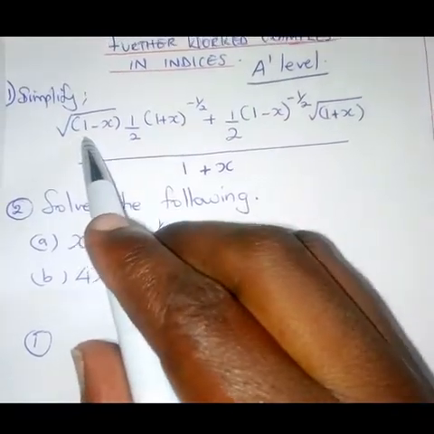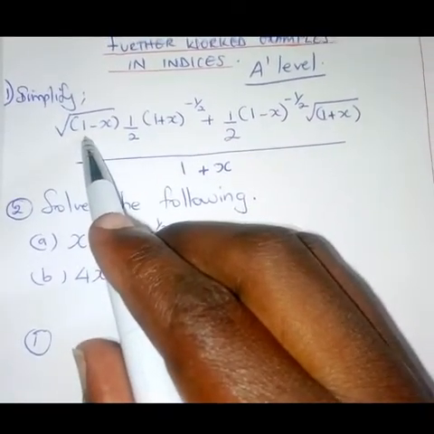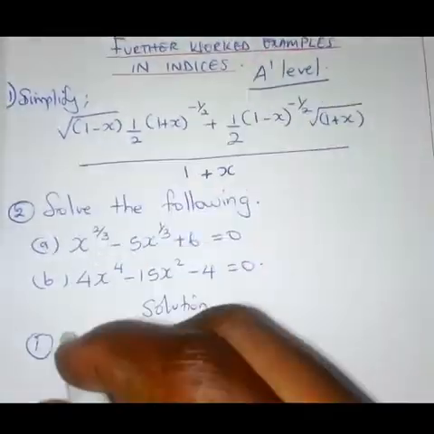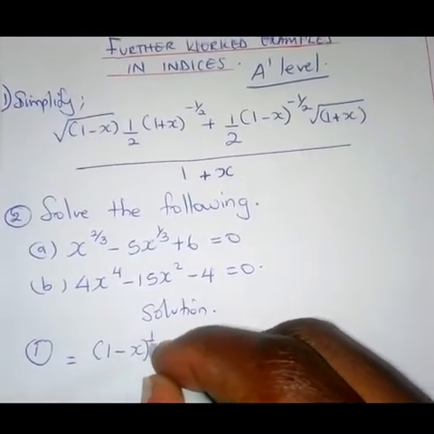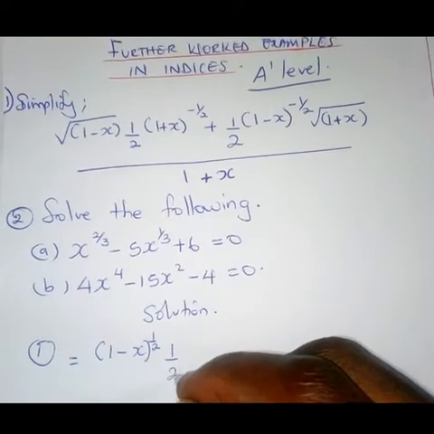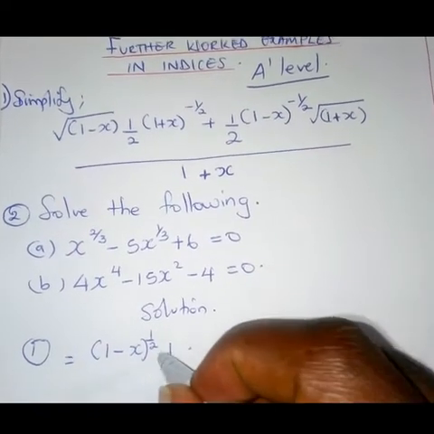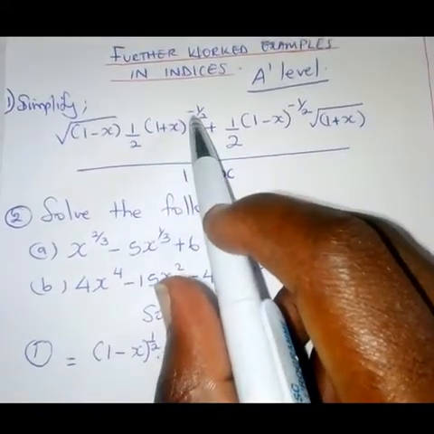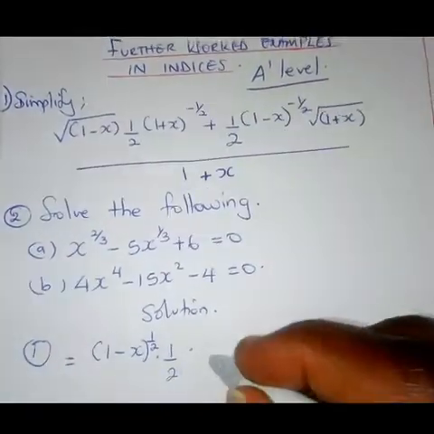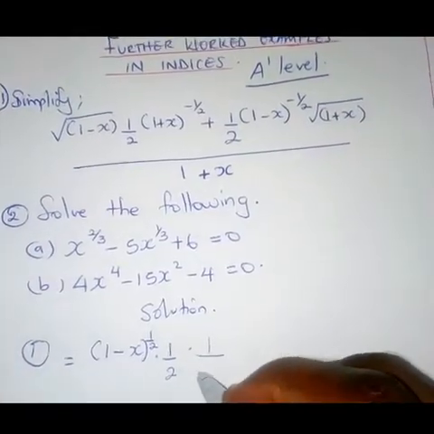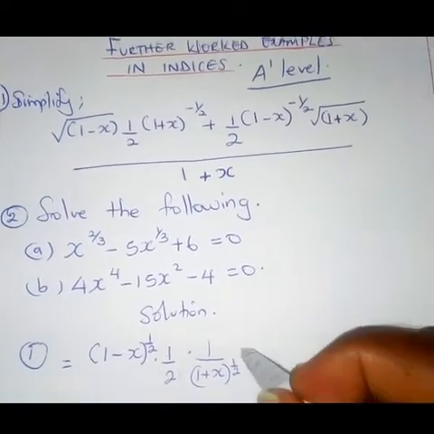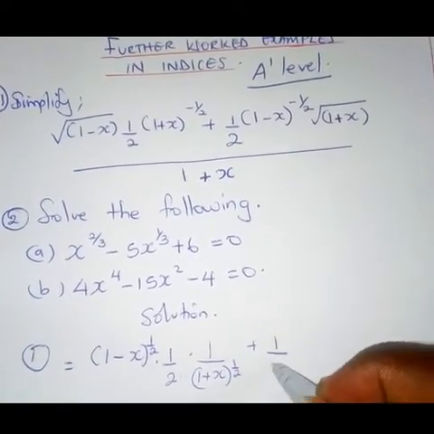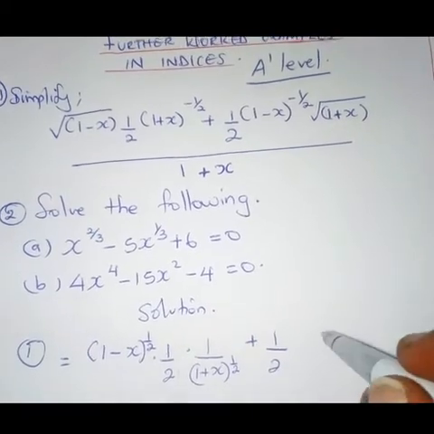So like we said, under the laws of indices, this is the same as 1 minus x to the power a half. Remember, there is this a half here, and again we said that since it is negative, we're going to get the reciprocal, 1 plus x, and then the power becomes positive, plus here we have a half.